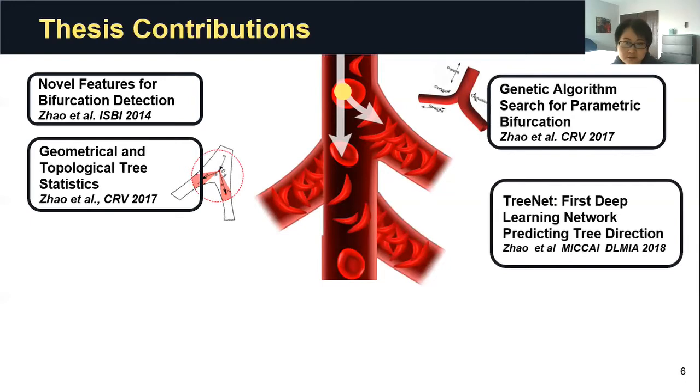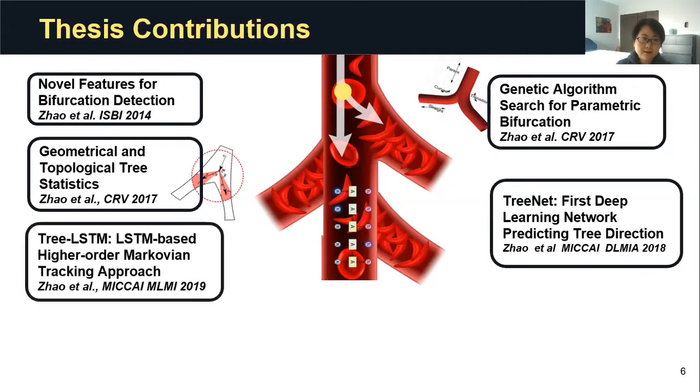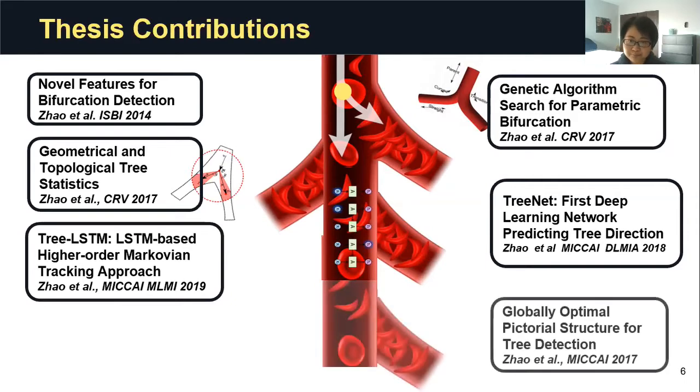Then we progressed to using deep learning neural networks for tree tracking tasks. We published another work at MICCAI DLMIA 2018, which is TreeNet, the first deep learning network predicting tree directions. Then we had another paper using an LSTM-based higher order Markovian tracking approach, published at 2019 MICCAI MLMI.